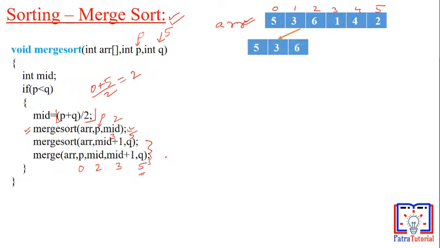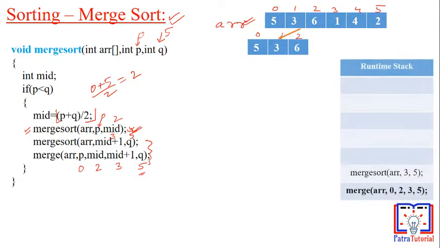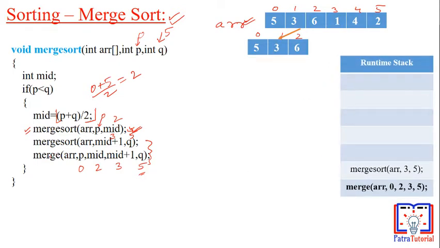This line will execute this part, from 0 to 2, and these two lines will be kept in the runtime stack. I'm just maintaining the indexes for better understanding. And this is the merge function, ARR, p equal to 0, mid equal to 2, mid plus 1 is 3, and the last index is 5.